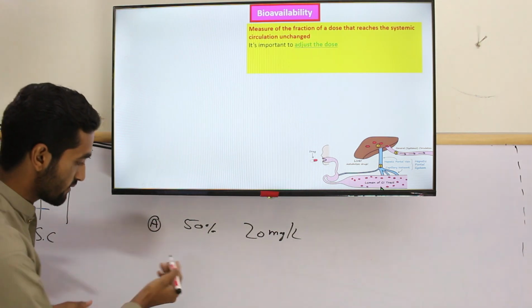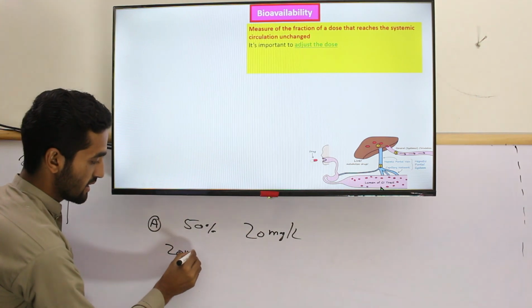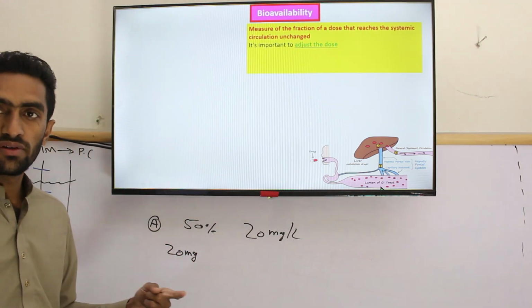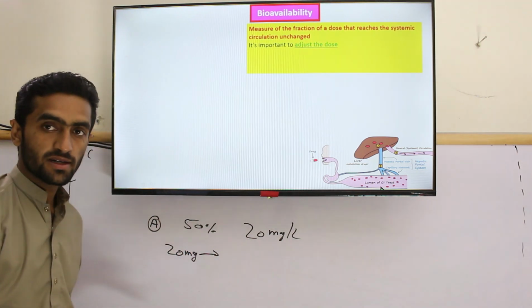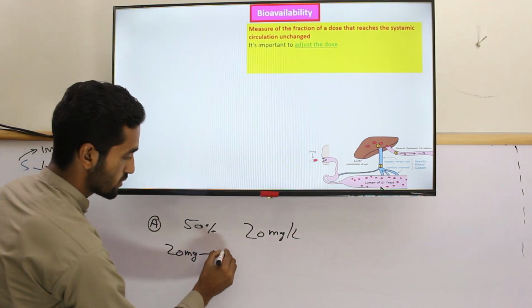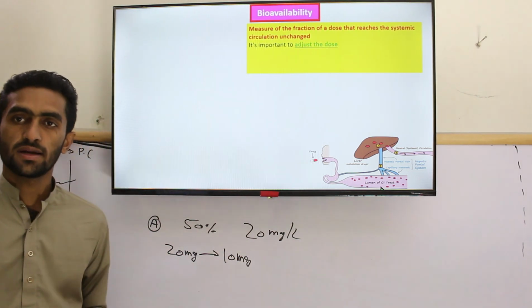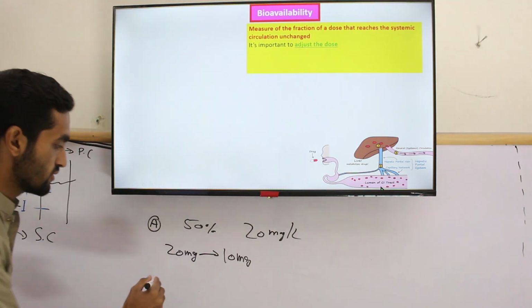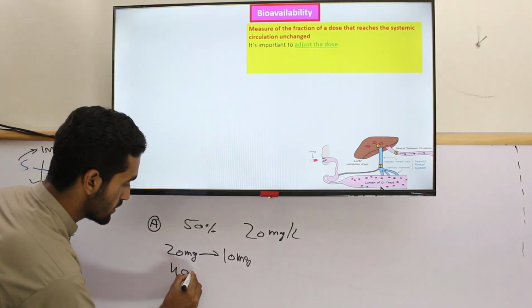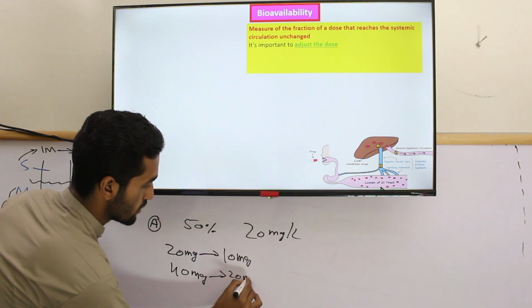If you give this patient 20 mg of drug, what will happen? If you give 20 mg, it means 50% will be destroyed by first pass metabolism. So 10 mg will reach your systemic circulation. In this condition, we can adjust the dose. How can we adjust? We give 40 mg in order to gain our 20 mg.